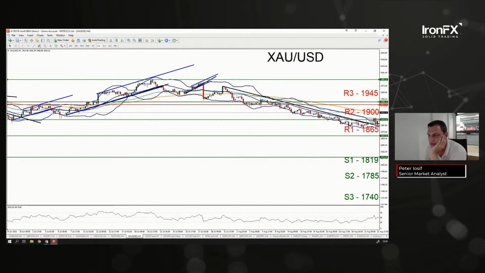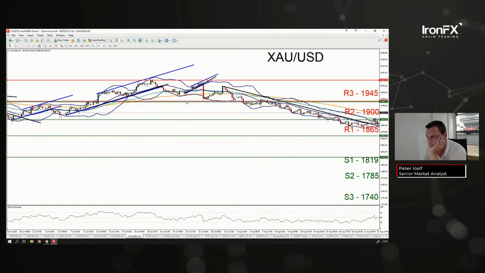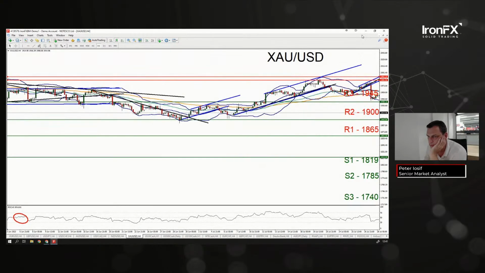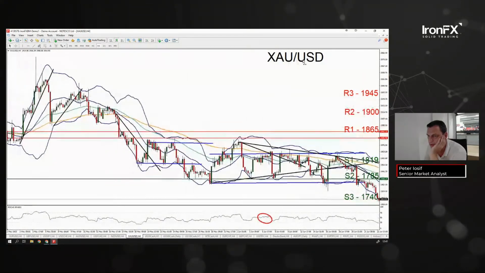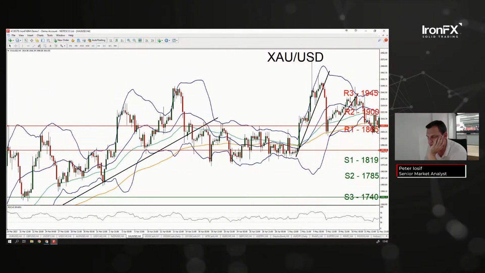There's a clear peak here. And that's in red with a 1985. Next one may be a little bit narrow. Note all these levels here.